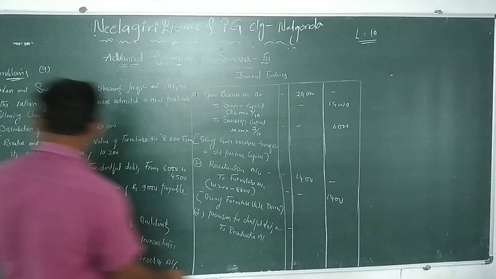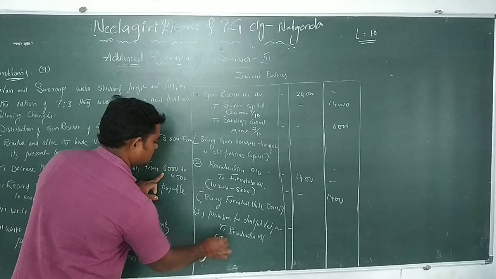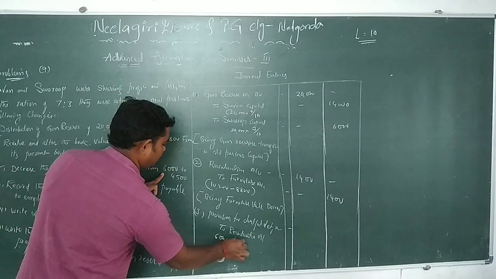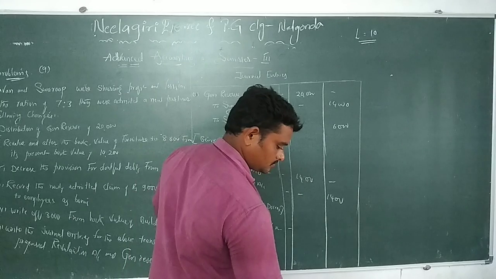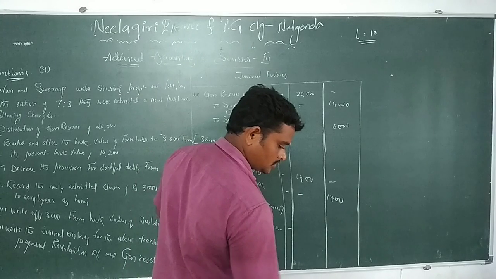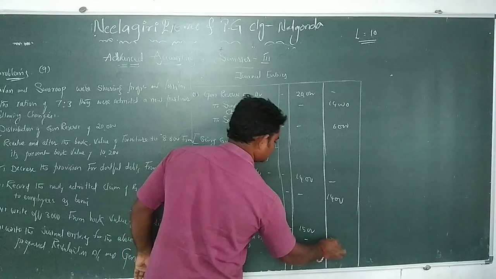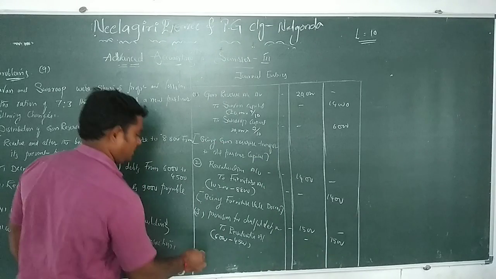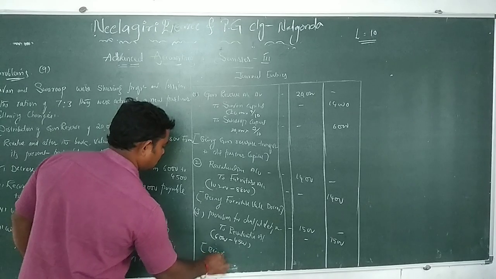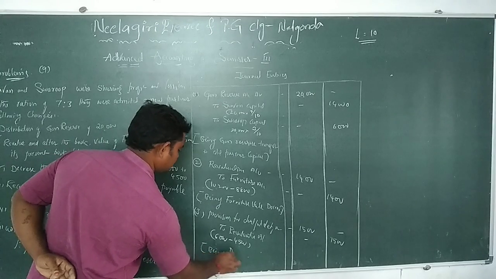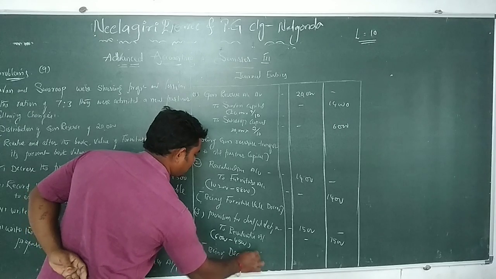The amount of decrease is 6,000 minus 4,500, which is 1,500. Being liabilities decreased.